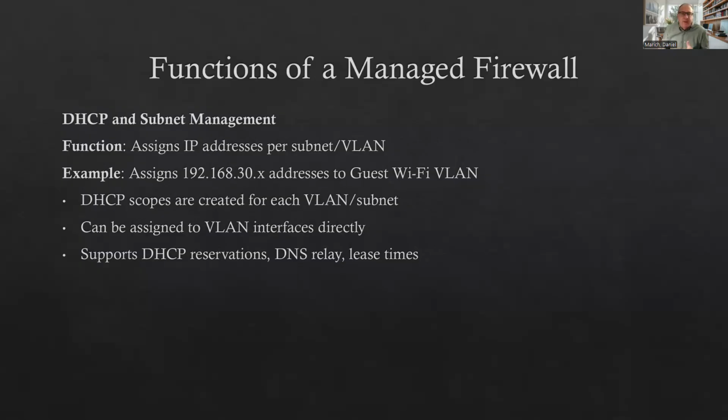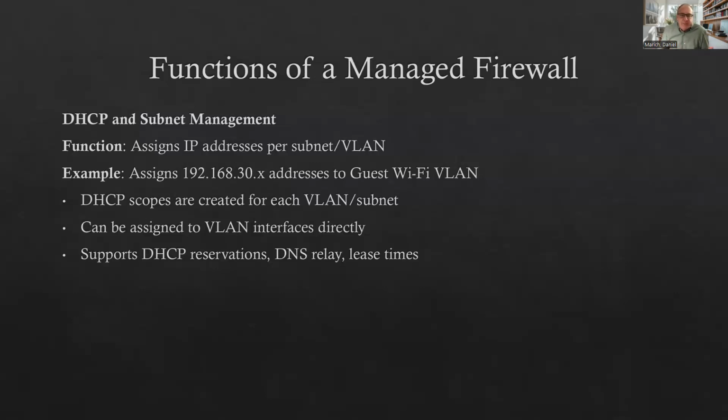We could set up a VLAN that is exclusively for guests who log into the guest Wi-Fi network, assign them specific IP addresses, and then manage those logins differently than other logins within the network.